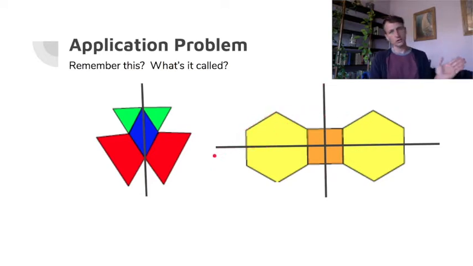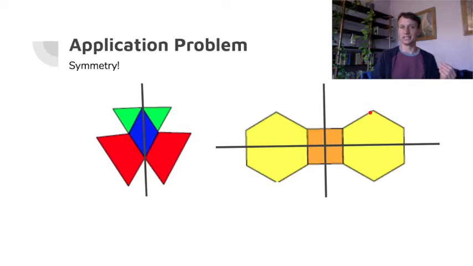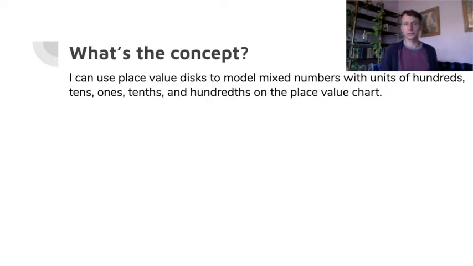In fact, I could draw a horizontal line here as well, and this would fold over and everything would line up. What's it called? Symmetry. Yes. And the root of symmetry, you may recall, is sim meaning same, metry meaning measure. They have the same measure across that line of symmetry. Beautiful. All right, told you that was the quickest one ever.